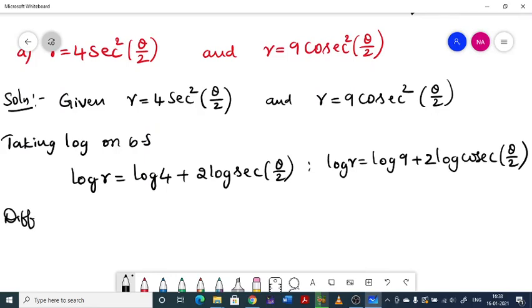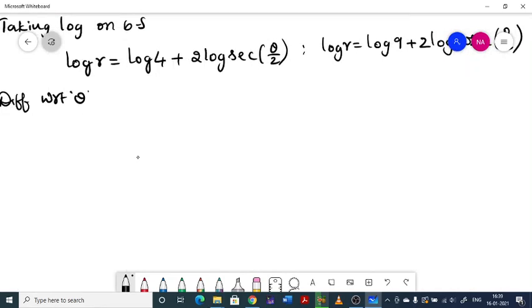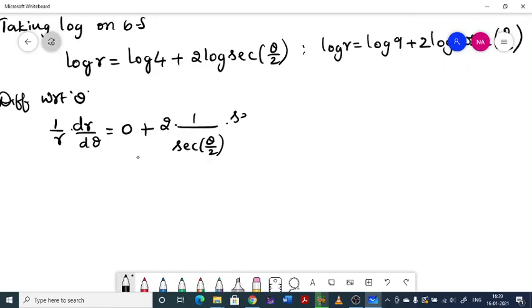Differentiating with respect to theta. Since we have used properties of log and the expression is simple, you can directly differentiate. Log r differentiating, 1 by r into dr by d theta equal to log 4 gives 0 plus 2 into 1 by secant of theta by 2 into derivative of secant, that is secant of theta by 2 into tan of theta by 2 into 1 by 2.